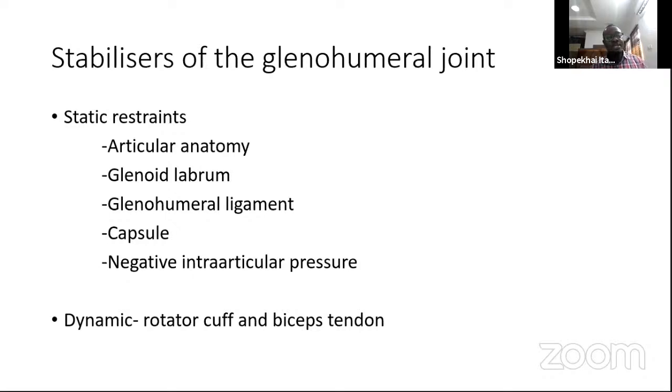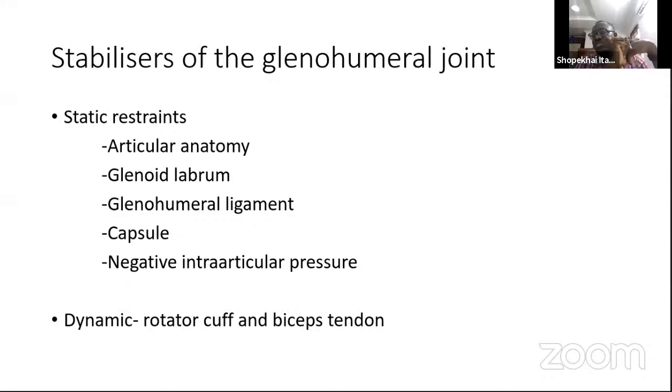The static restraints first include the articular anatomy, which we've discussed, the orientation of the humeral head with the glenoid on the scapula, the glenoid labrum, which deepens the glenoid by as much as 50%, and then the glenohumeral ligaments, and there are 3 of them: superior, middle, and inferior glenohumeral ligaments.